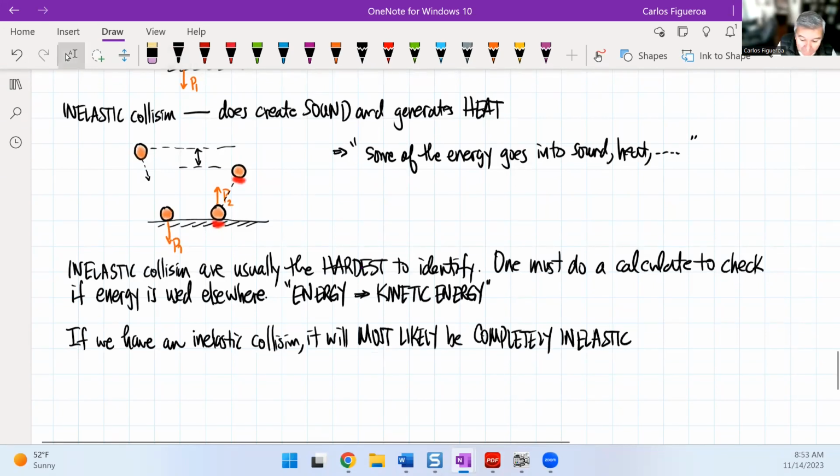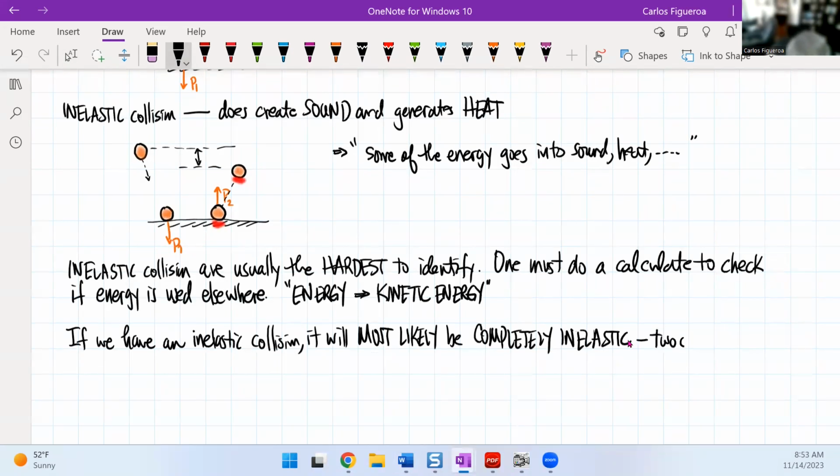What do I mean by completely inelastic? I mean this: two objects stick together after the collision.